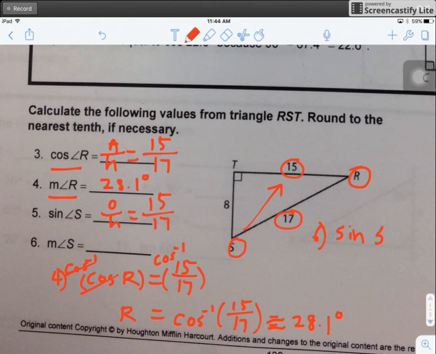Notice we can use some other ratios, but this one is already set up, so we're going to use 15 over 17. So for angle S, we take the inverse of sine on both sides, so we cancel out. We have sine inverse of 15 over 17, and if you work that out on the calculator, you will get approximately 61.9 degrees. So angle S is 61.9.